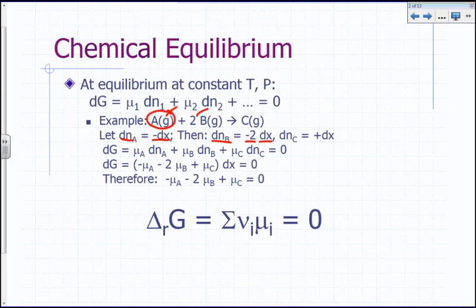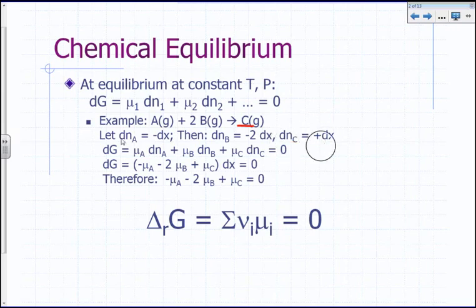You have a negative there because you're dealing with a reactant. And for every mole of A and every 2 moles of B you lose, you're going to make 1 mole of C. So the change in the moles of C, dN of C, will be plus dx.